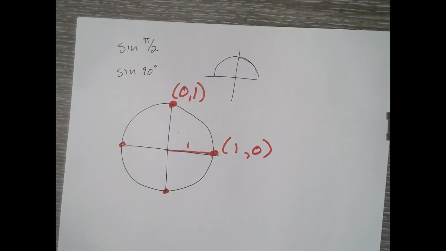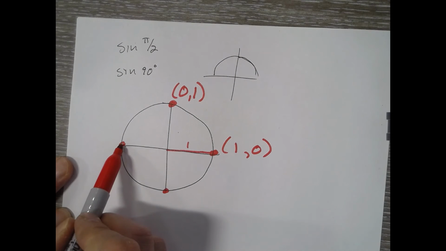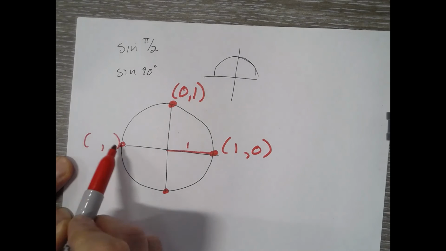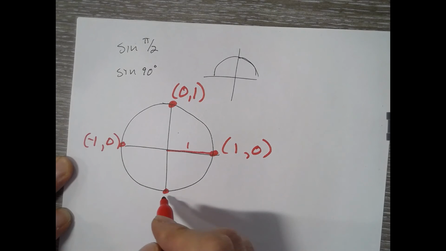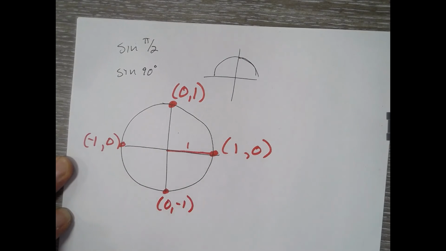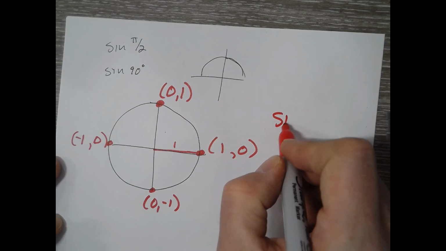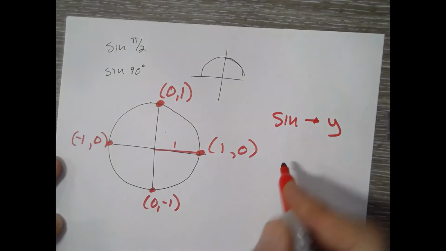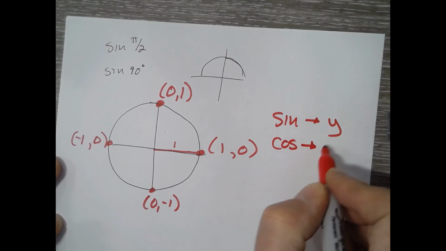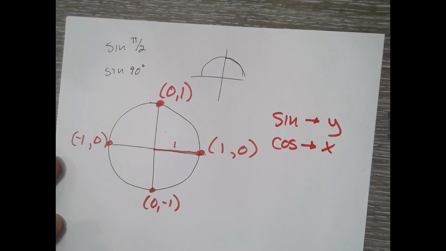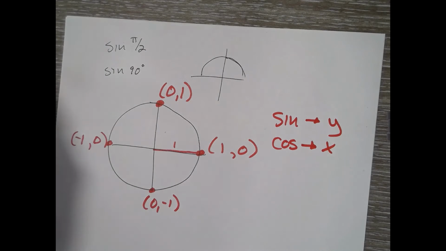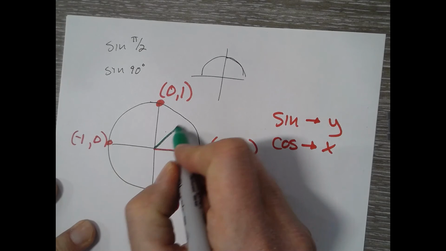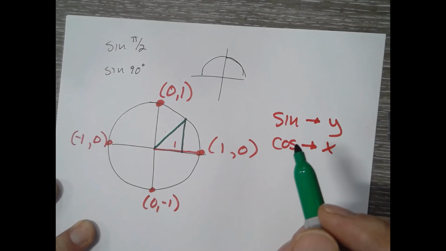This is half of your work. So right here, it is what comma what? Negative 1, 0, and then this one is 0, negative 1. That's half of it. The other half is knowing that the sine corresponds with the y, and cosine corresponds with x. Any point on here, what's the radius of that circle? 1.